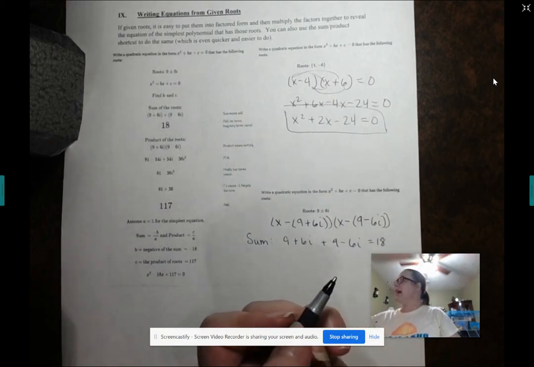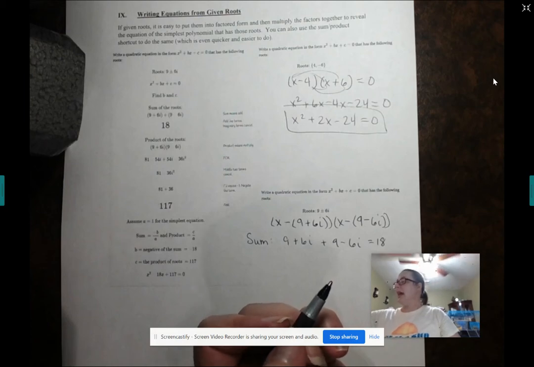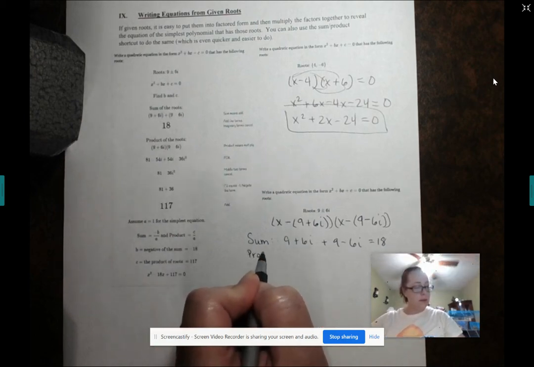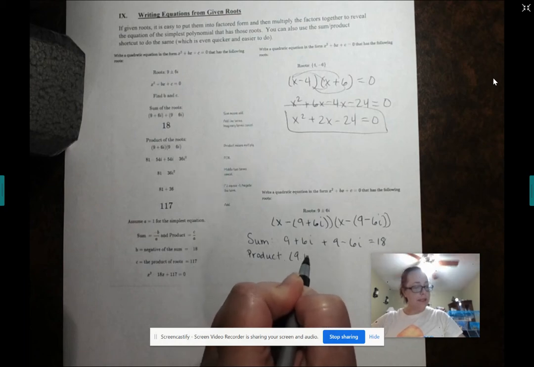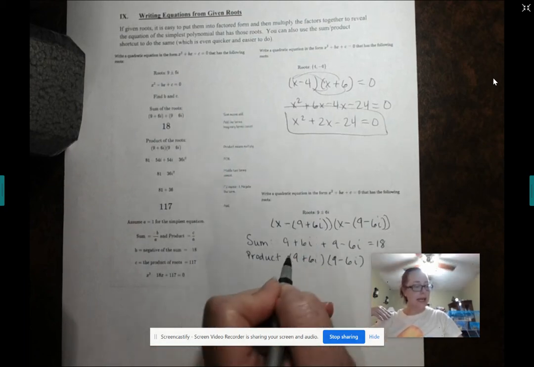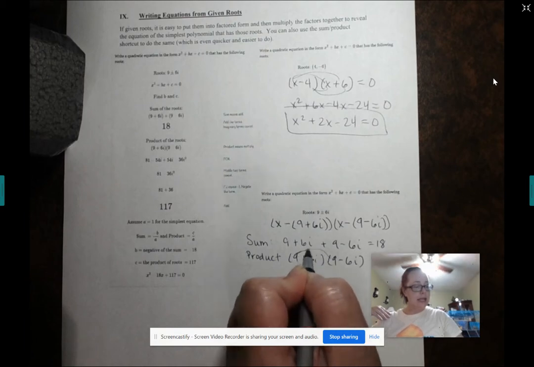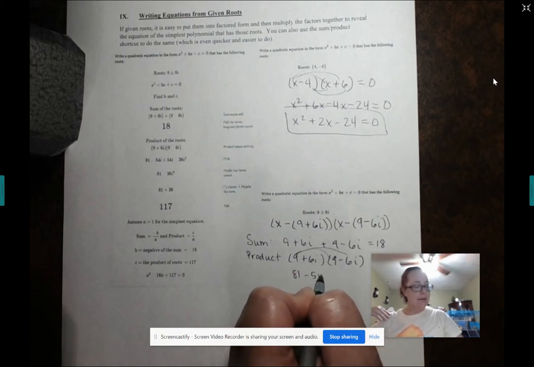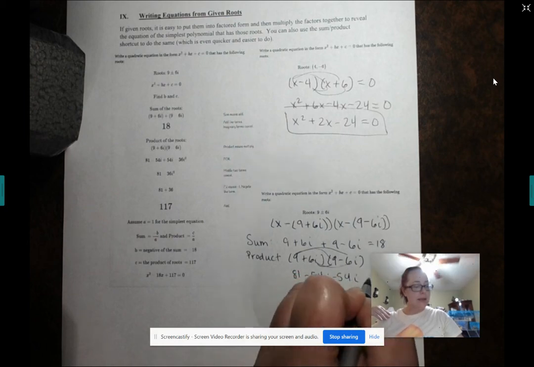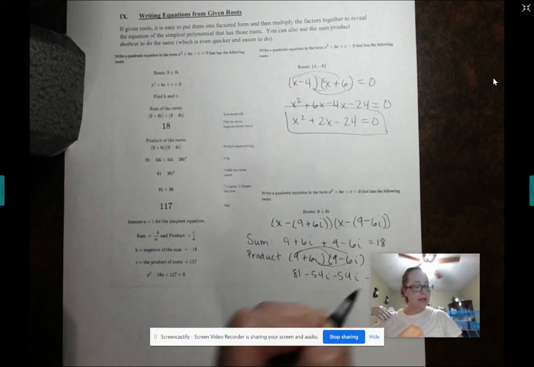Okay, put that aside for a second, and then you're going to work on the product of those two roots, 9 plus 6i times 9 minus 6i. 9 times 9, 9 times negative 6i, 9 times positive 6i, and 6i times negative 6i.